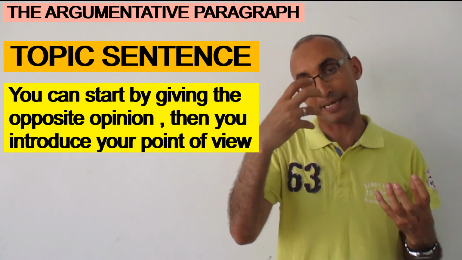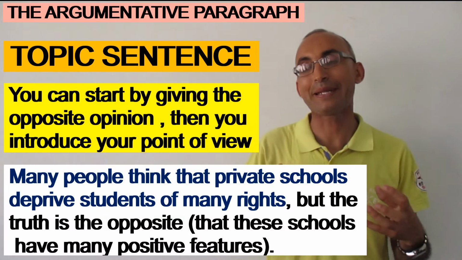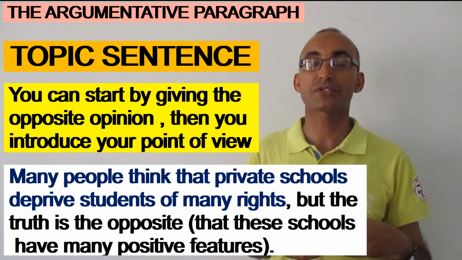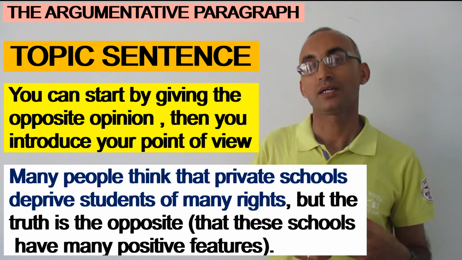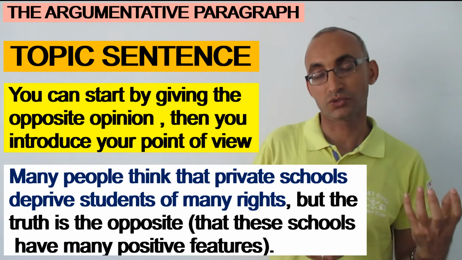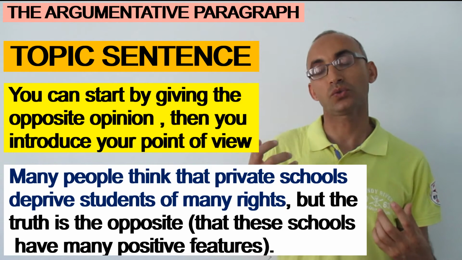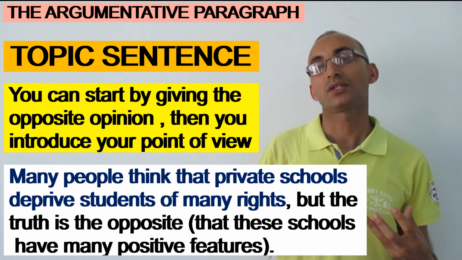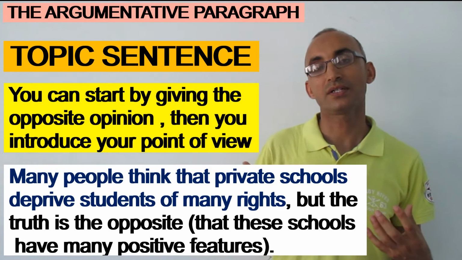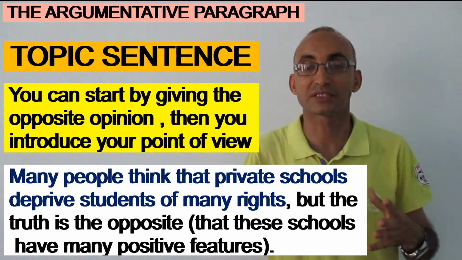Then you express your opinion and say they are good. Many people think, for example, that private schools deprive students of many rights. Yet these schools have a lot of positive effects, for instance.